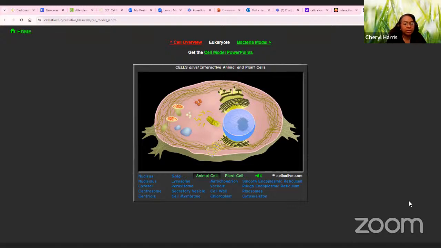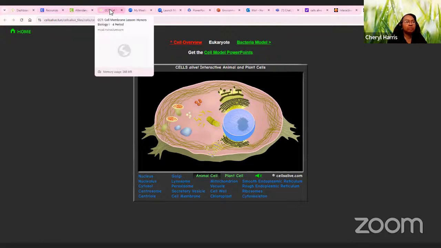It's blocked. Okay, let's see if we can get permission. I'm finding that another way to get around this sometimes is to embed it.